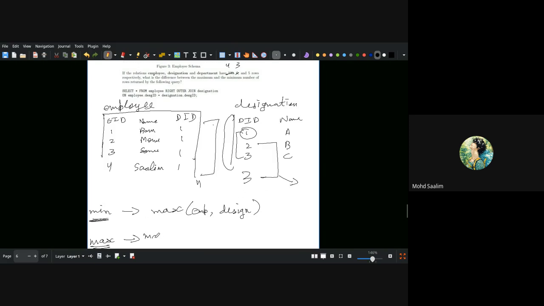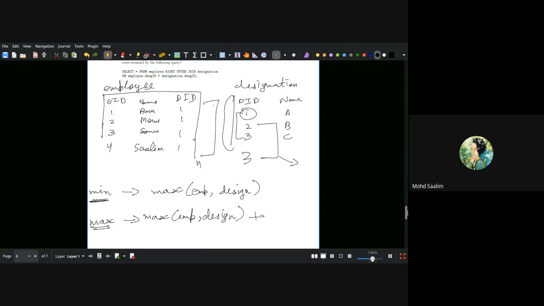So we learned that max is the max of employee and designation, just like the minimum, plus from the designation, how many rows did you get? 5, which is 6 minus 1. So max is the max of them, plus min minus 1. I'm making two mathematical points, but this is what I understand from this. One designation is already used, and the remaining come from this formula.